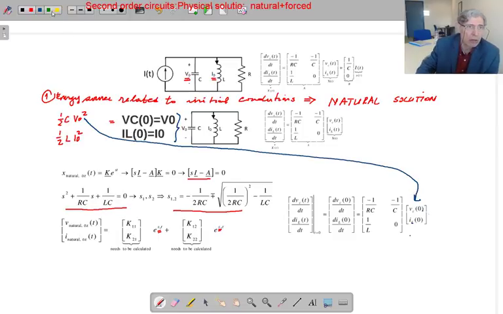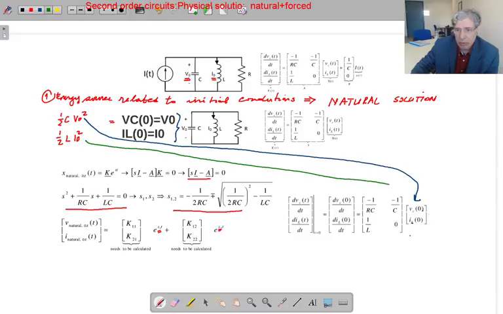And for the other one, let me make it a different color, maybe it is easier. That is this. Since the A matrix entries are all known when you give the numerical values, and these are also known, this initial condition must be given to you. So that means you can calculate the initial conditions of the derivatives of these variables.